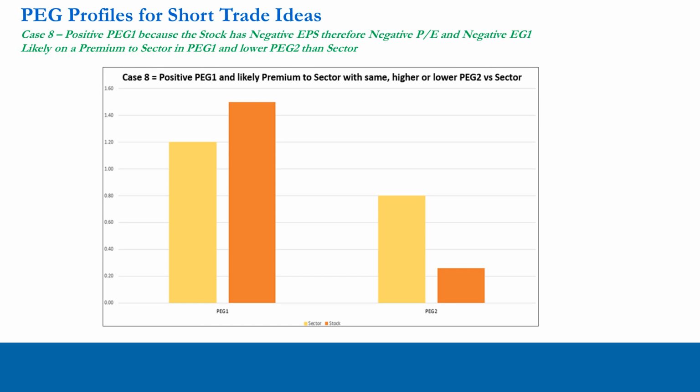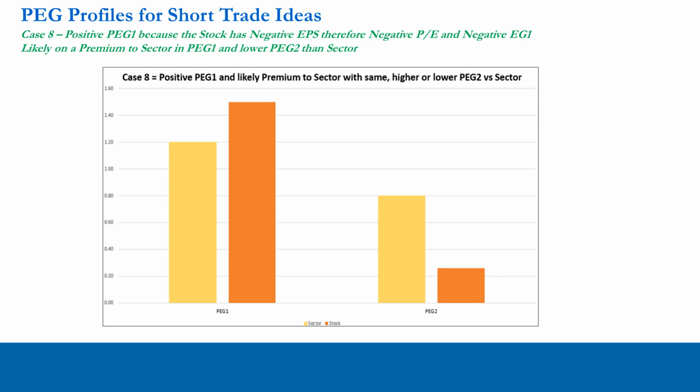So in period 1, we have negative EPS, so we have negative PE, but we also have the double negative, we have negative earnings growth 1. So the PEG 1 is just going to come out as a positive number, unlikely that it's a very high number and on a premium to the sector. So again, the PEG 1 here doesn't really tell us much about what's really going on with the company.